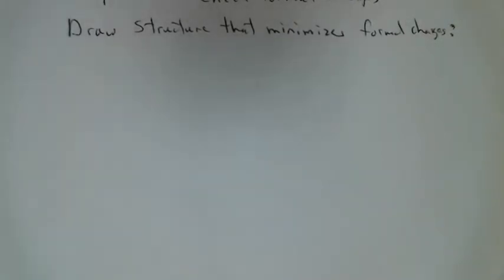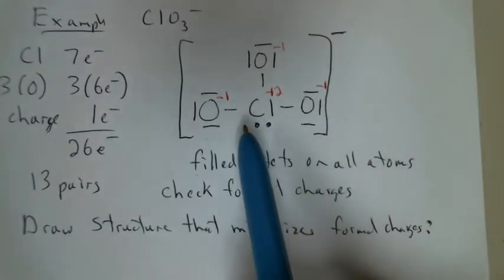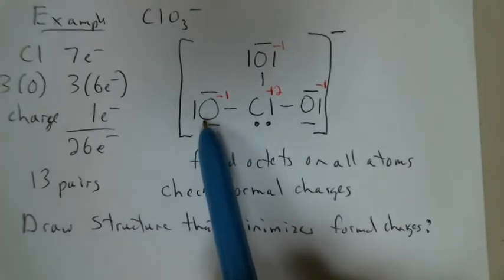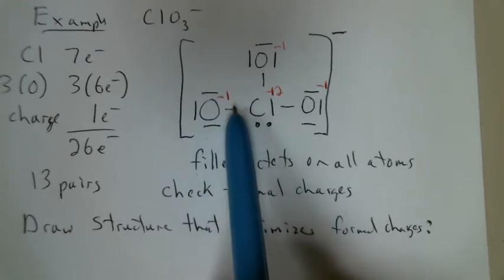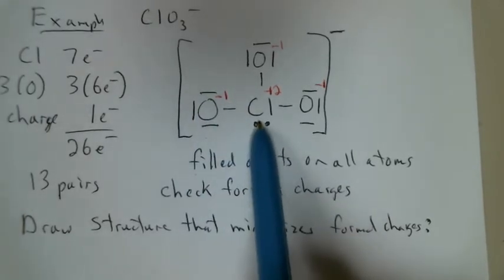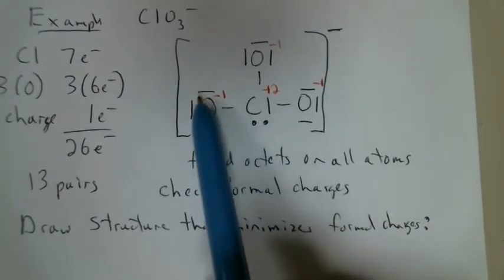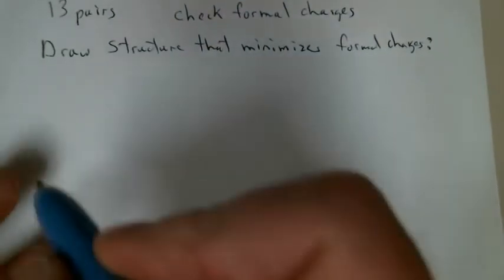Anyway, so when we look at this structure, what's a way to get those formal charges down? Well, oxygen's got too many electrons on it, right? So what if we take this lone pair and share it into a bonding pair, exceed the octet rule on chlorine, because all these are following the octet rule. And when we do that, it's going to decrease those formal charges. So let's draw that one.